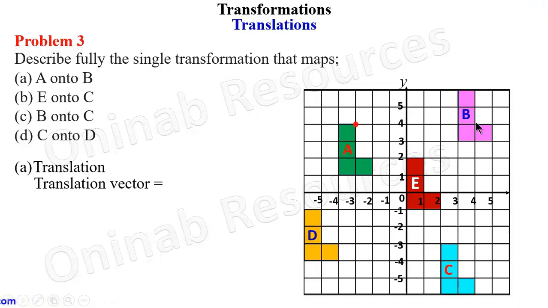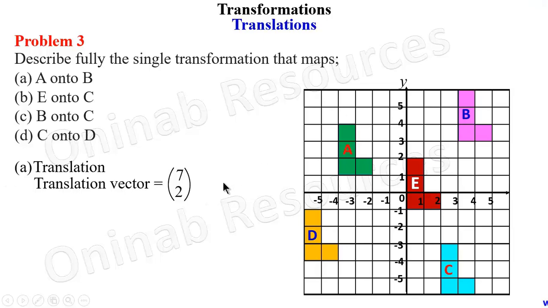We then move up 1, 2. You can see now the horizontal movement is 7 and the vertical movement is 2. Both positive. This is to the right and this is upward. So the translation vector now will be 7, 2, and that's all for A.